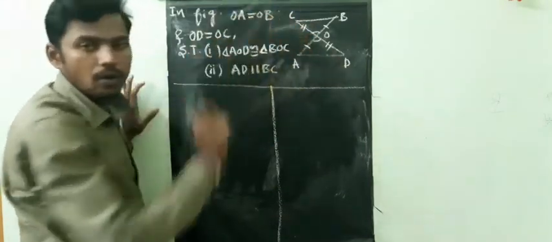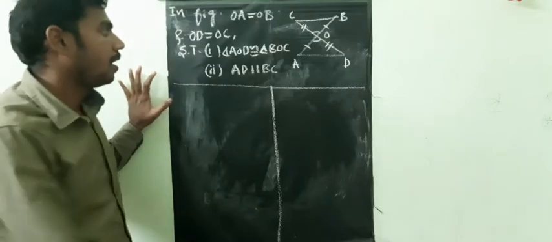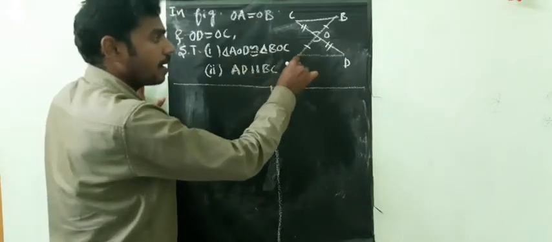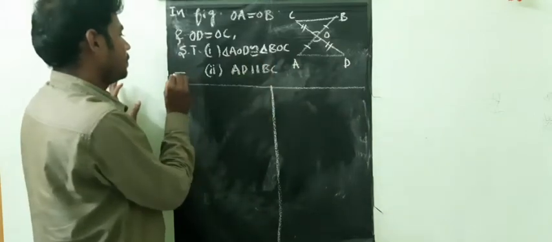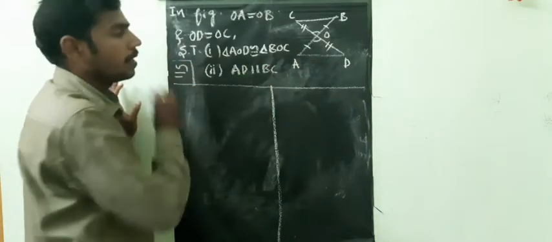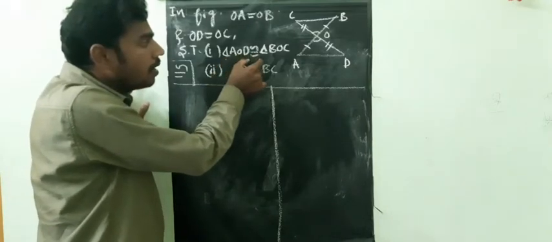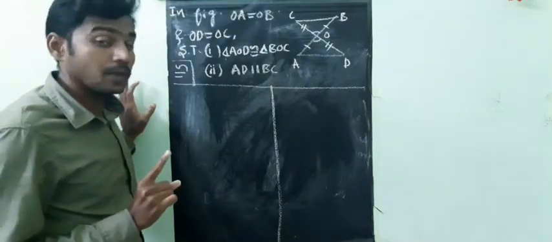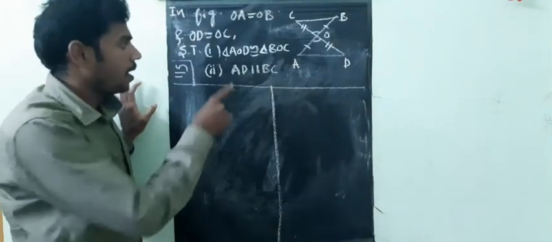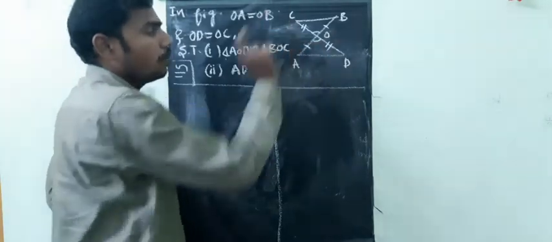Show that triangle AOD, this symbol is the congruent symbol, triangle AOD is congruent to triangle BOC. First part, we need to prove that using the SAS criteria. And after that, we need to show AD is parallel to BC.